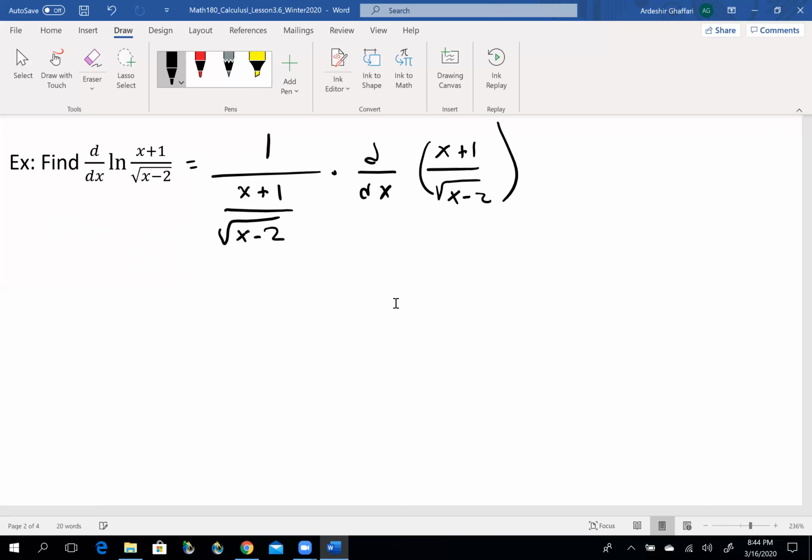So now let's see how we do this. So I'm going to take this derivative. Let me actually erase this. So I'm going to take a derivative of x plus 1 over square root of x minus 2. So now let's see how we do this.